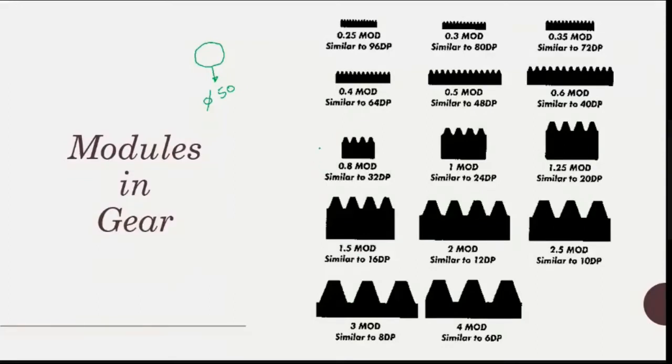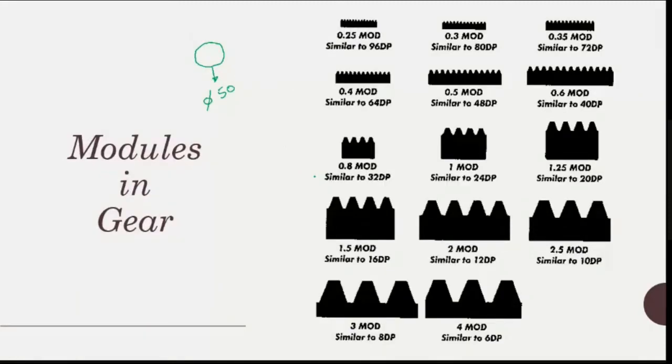That is important. So when you want to mesh two gears, the module of the two gears should be the same. Then only you can mesh them properly. So the pitch circle is the same. Any doubt?